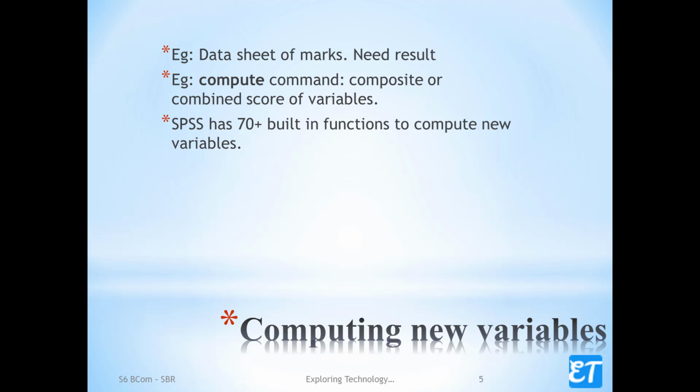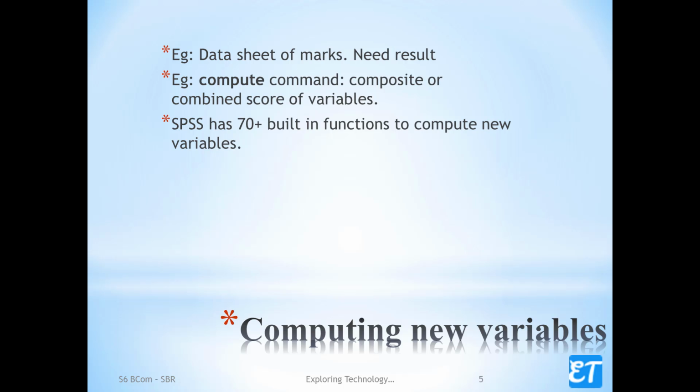So, computing new variables. Let us consider a data sheet of marks. The data sheet may contain a list of students' marks scored in different subjects. So that is the data, but we need the result. So we need to calculate the result.